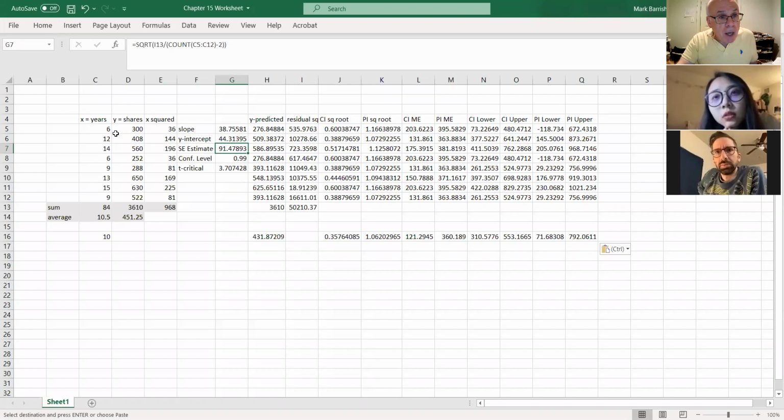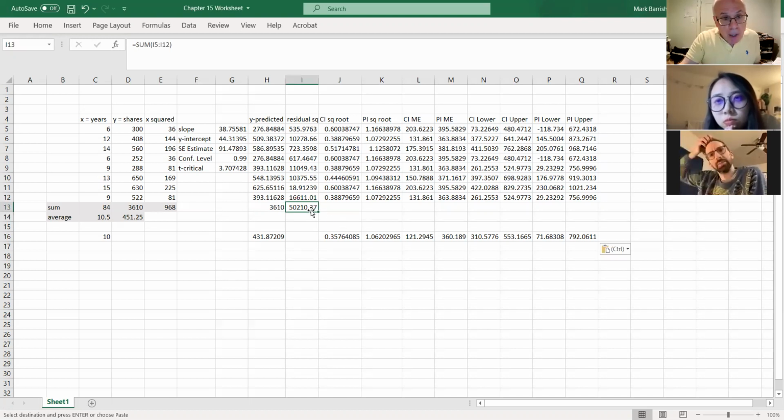It's dependent on the sum of the residual squared, that's this number here, divided by the number of values here, and then it's the square root of this number.